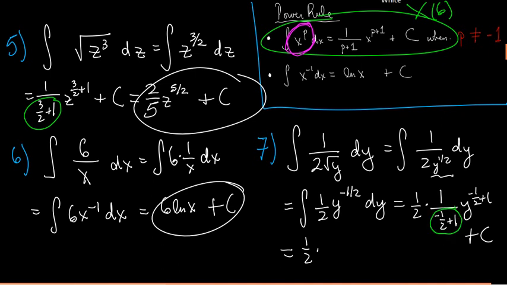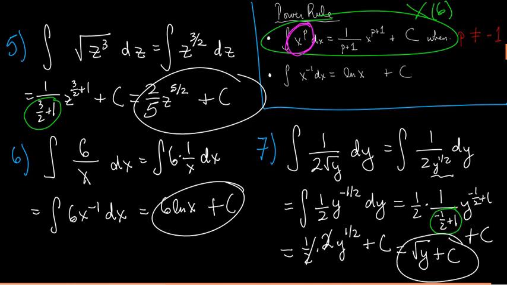So when you simplify that, you'll get 1 divided by 1/2, but that's just the number 2, right? Because you take the reciprocal of 1/2, that's 2. And then you have y to the 1/2 plus the constant of integration. And you can simplify, 2 cancels out, and you just get square root of y plus c. And there's your answer, because 1/2 power is just square root of y.